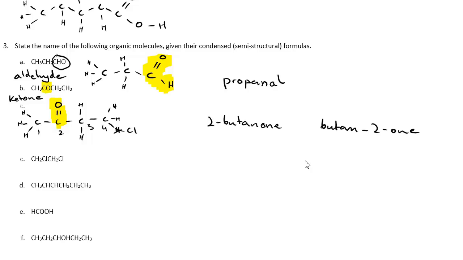Okay, so that's how you name something a little bit more complex, but we'll move on. So, okay, we've got this one here. It looks like a chlorine. It's got 2 chlorines, so it might be worth drawing out. So H, and then this chlorine is here, and then it's connected to another C, H, and another chlorine here.